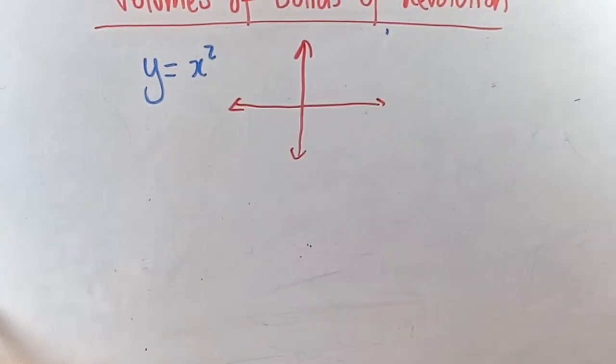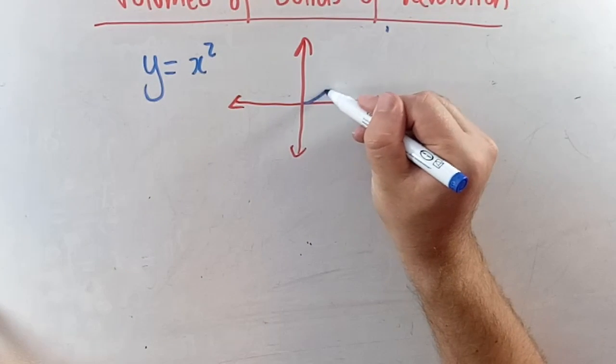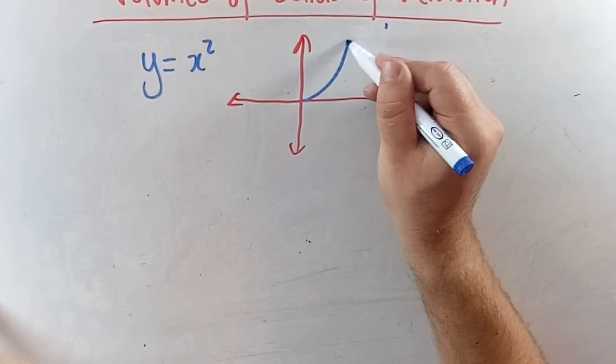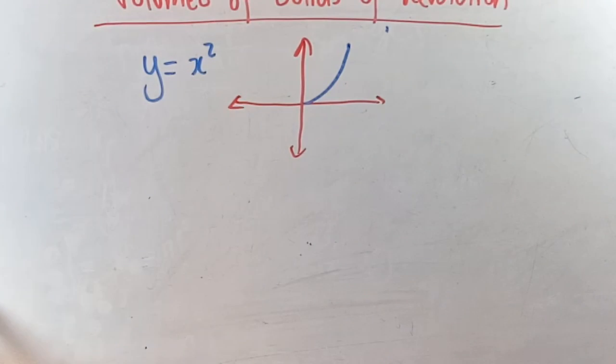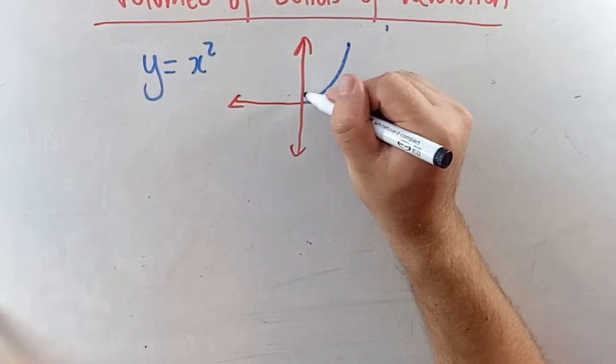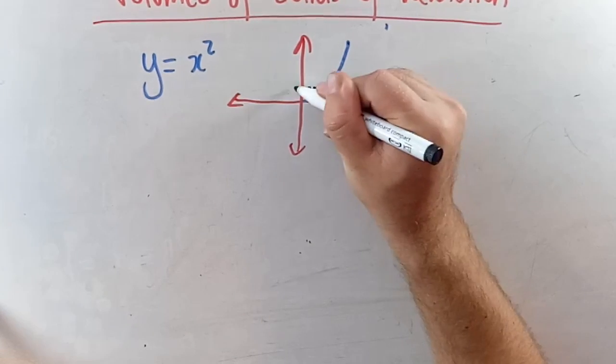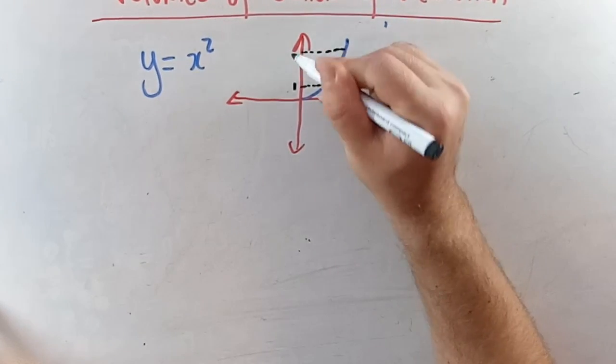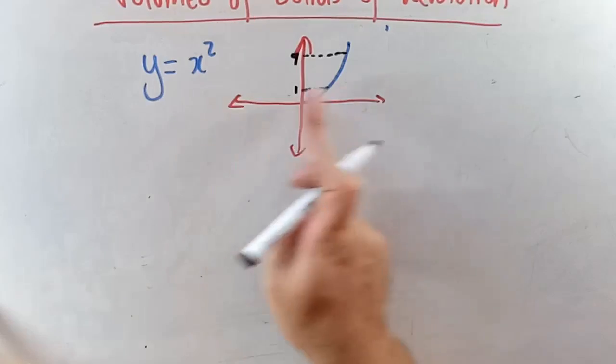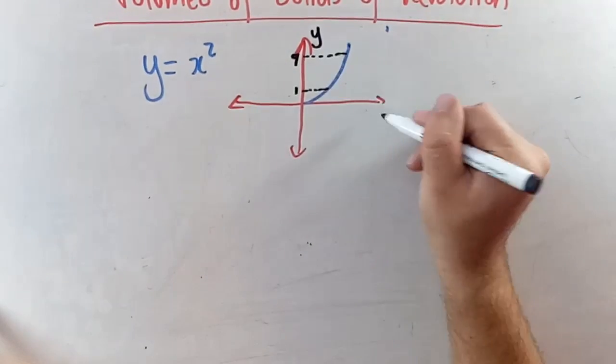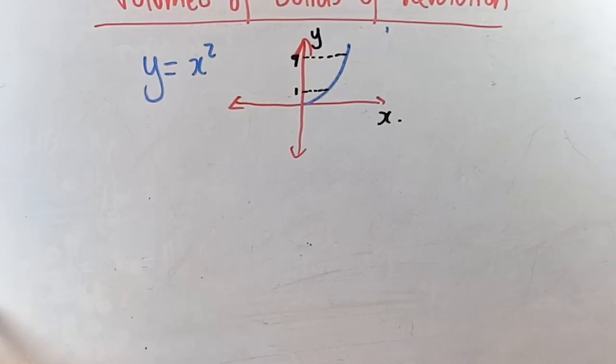We're going to rotate y equals 1 to 9. We're going to rotate from y equals 1 to y equals 9, and we're going to rotate it around this axis now. Okay. So it's the same idea.